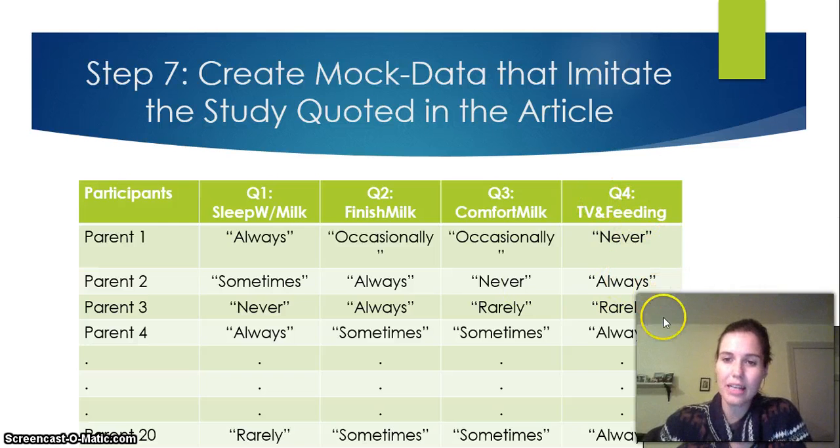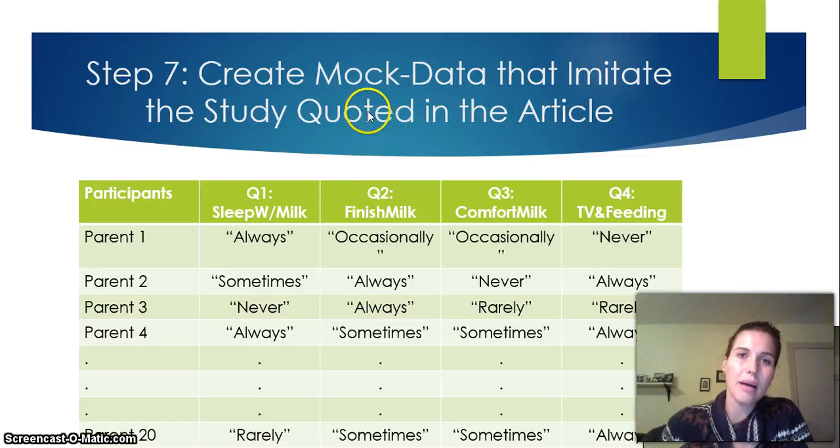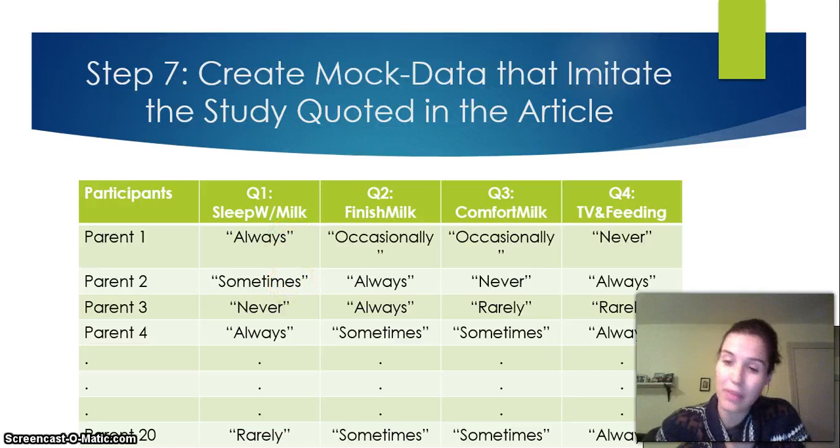The next thing is to create a mock data set that imitates the study that's quoted in the article. So now you fill in each cell with a fake answer. You make up the answer. So I have an imaginary parent 1, and this parent 1 was asked, do you put your baby to sleep with milk?